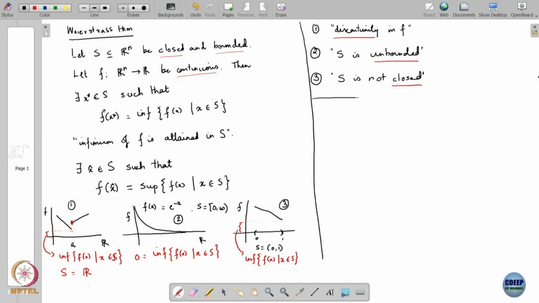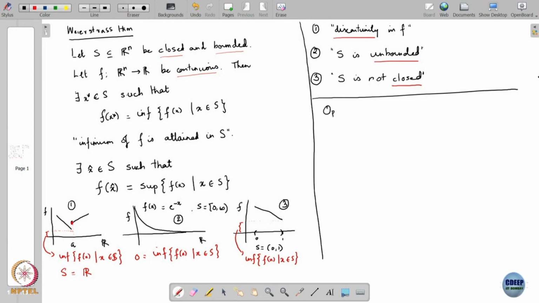This also brings me to a couple of other points which we should mention, because eventually the geometry of optimization depends on the kind of sets over which you are optimizing and the kind of function you are optimizing. So, let me mention a couple of other things. Remember what the definition of an open set was.